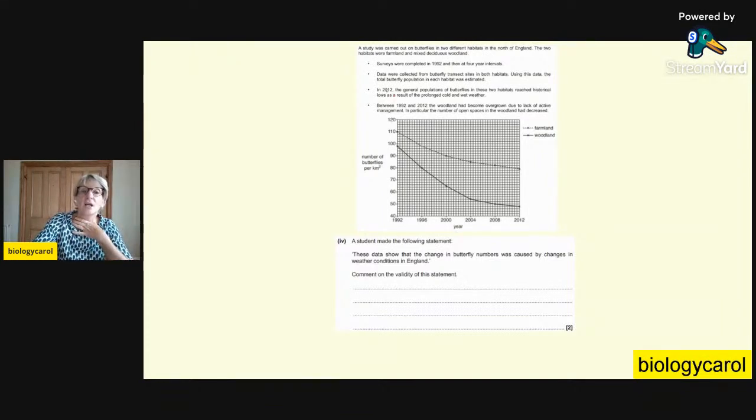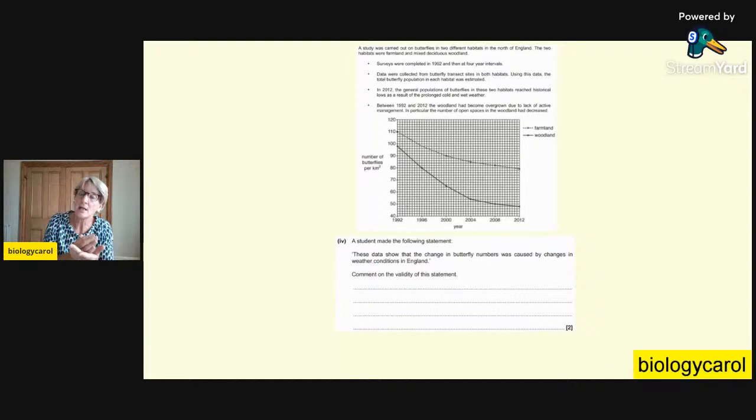I'm noticing that the only time the weather conditions have actually been noted here is in 2012. So I'm going, well, they've only ascribed very low numbers to one year. And also, notice that nearly always in these kinds of questions, when they give you a statement, the statement is broader than the methodology that produced the data actually investigated.